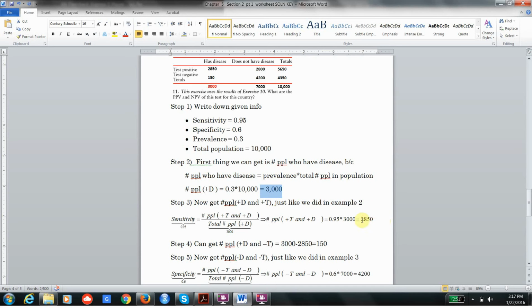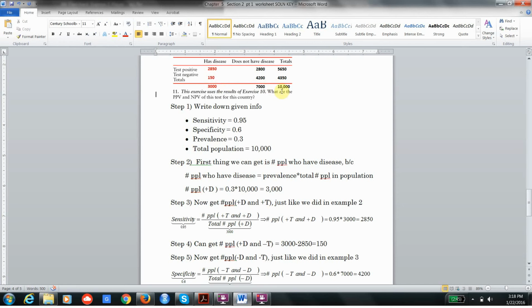And when you go through the math, you find out it's 2,850. So that gives me the second number right up here. Well, the last number in this column is easy to get at, right? The number of people who have the disease and test negative, because I know everything in this column has to add to 3,000. So this minus this gives me 150. So we're done with the first column.